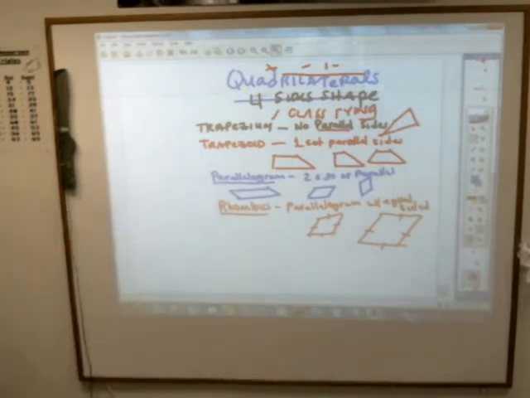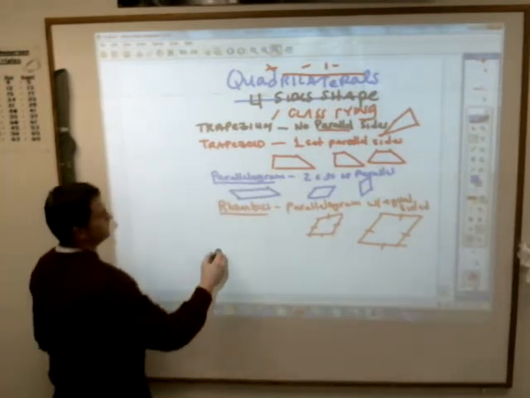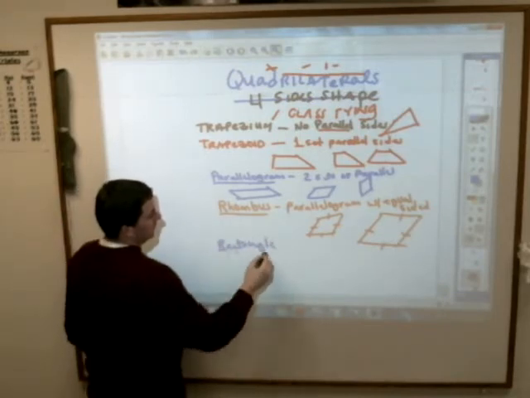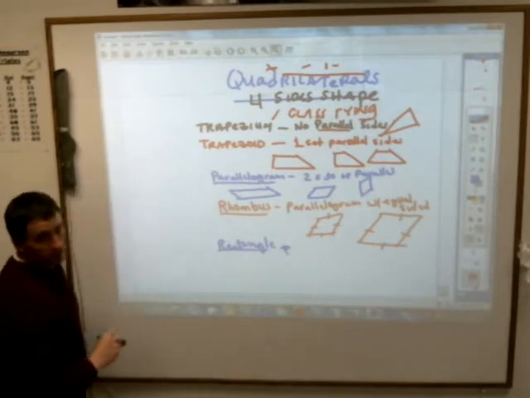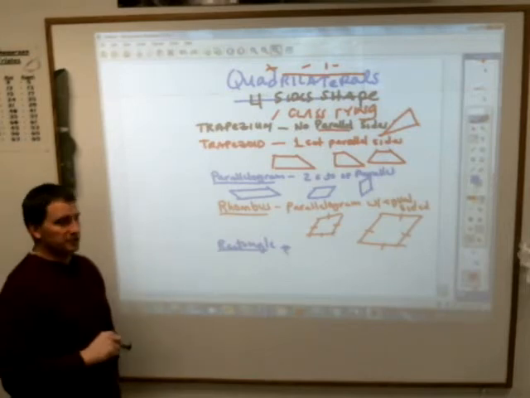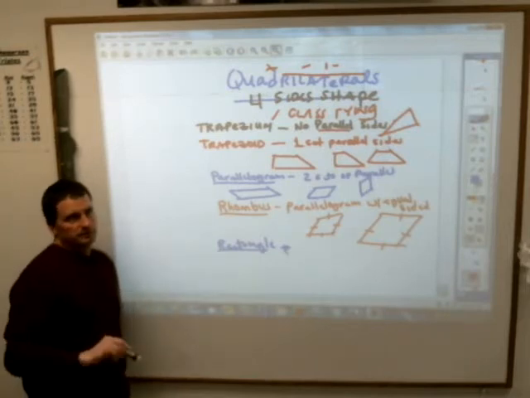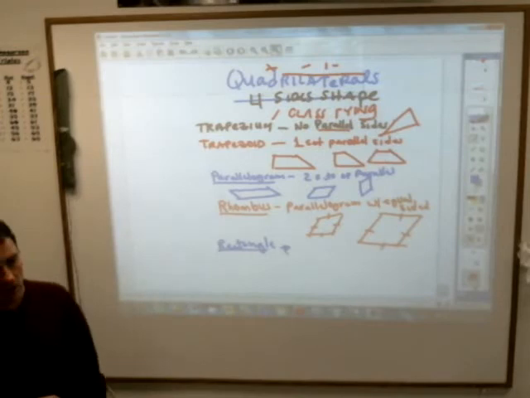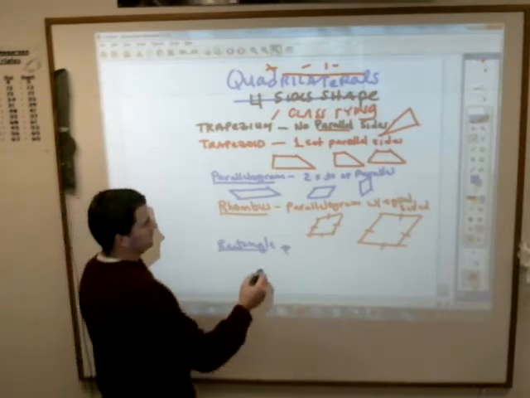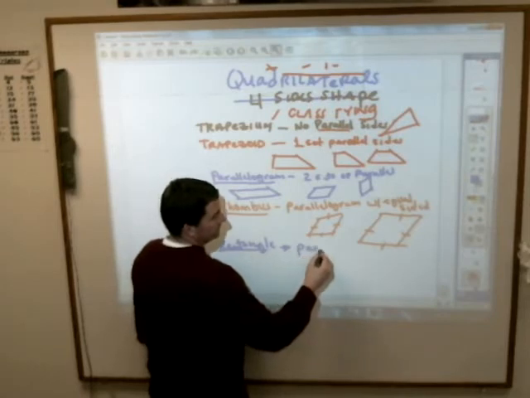A couple that we're familiar with, a rectangle. What do you suppose the exact definition of a rectangle is? Kendall? It's a square. It is not a square. It could be a square, but not all rectangles are squares. Alex? It has 4 sections.